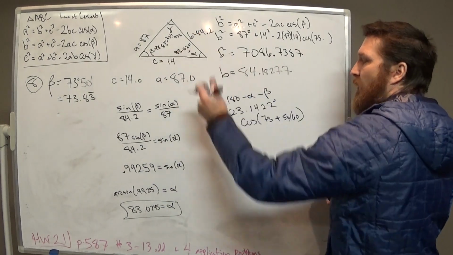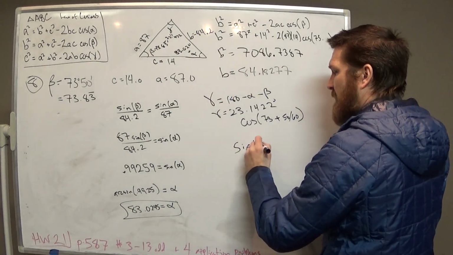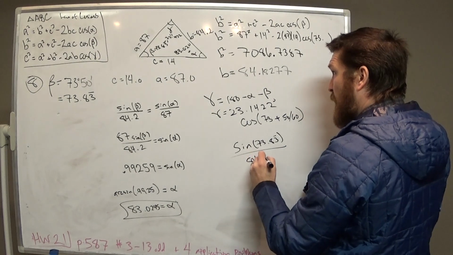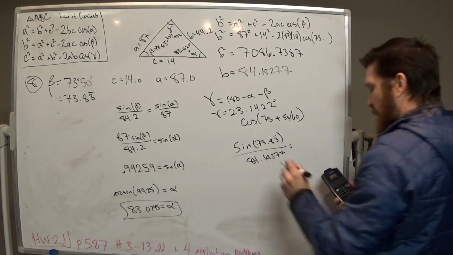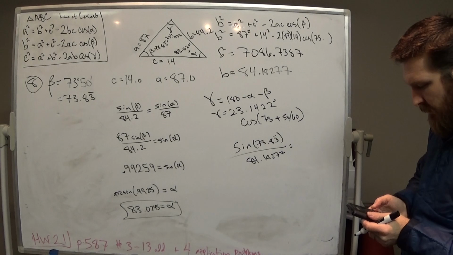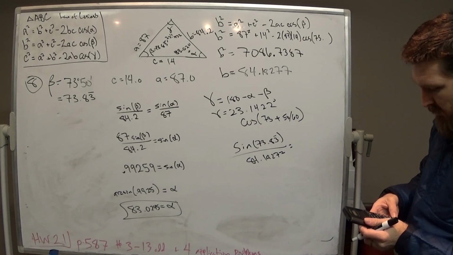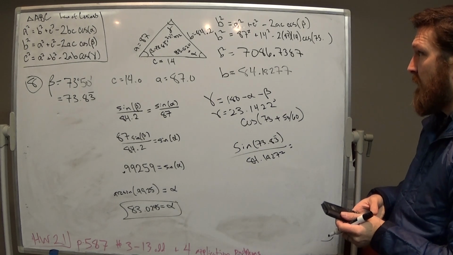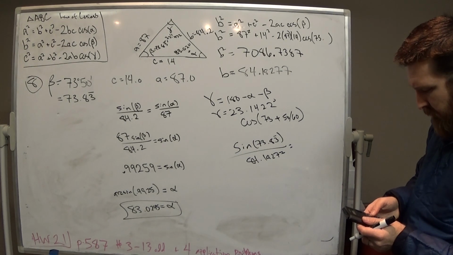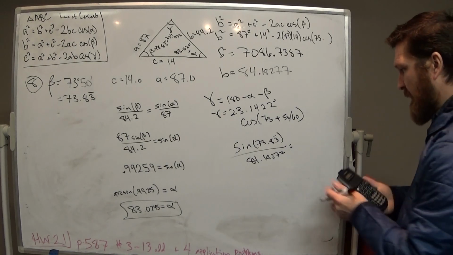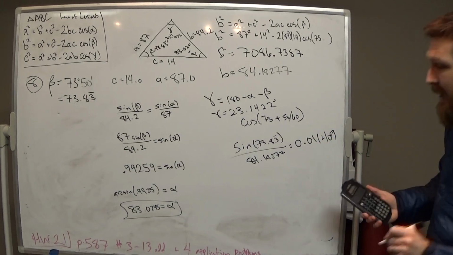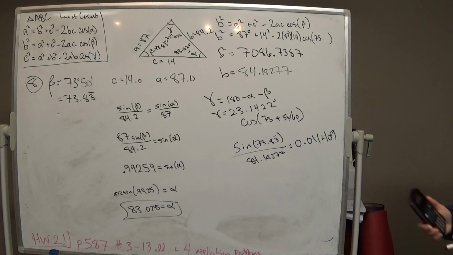So sine of the given thing over the thing I derived: sine of 73.83 repeating over b, which is 84.18277. I compute that, and it gives me 0.011409.